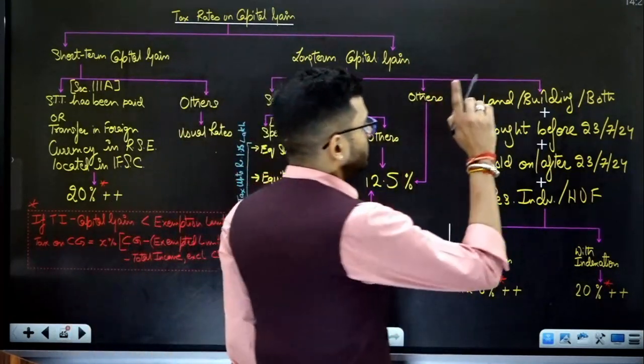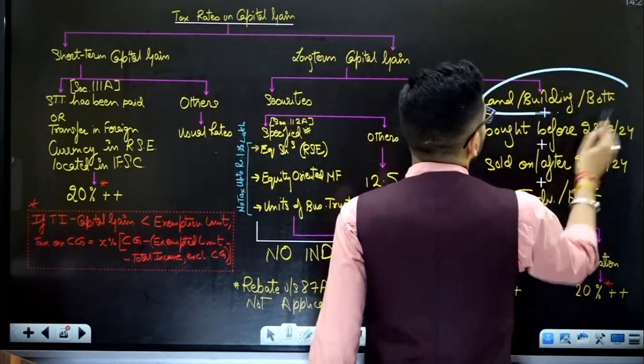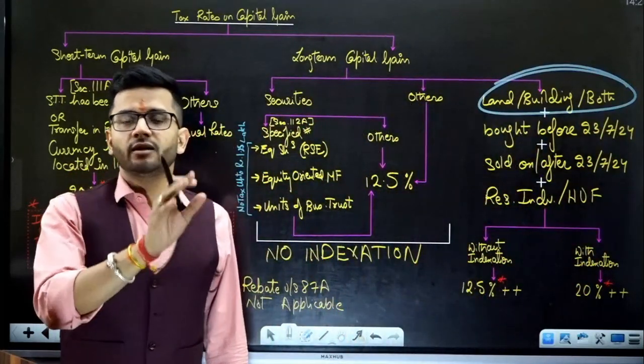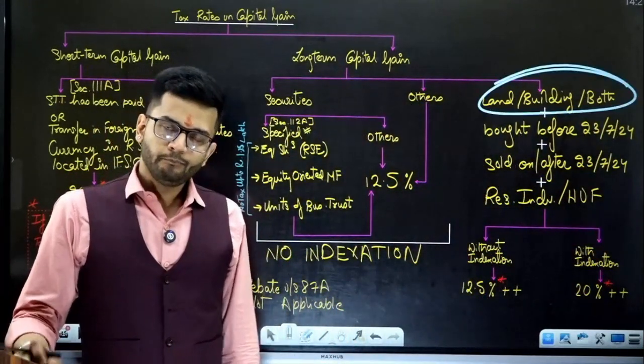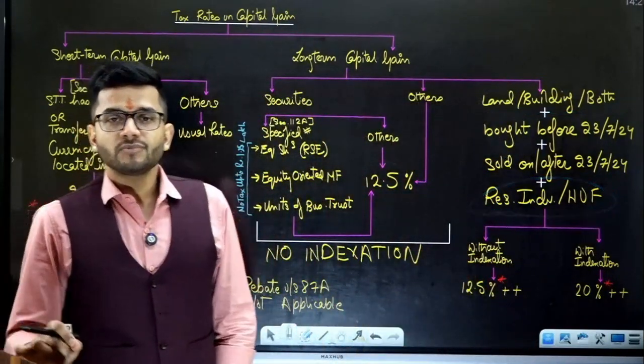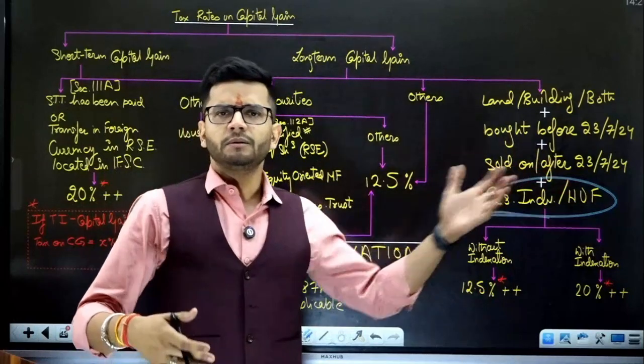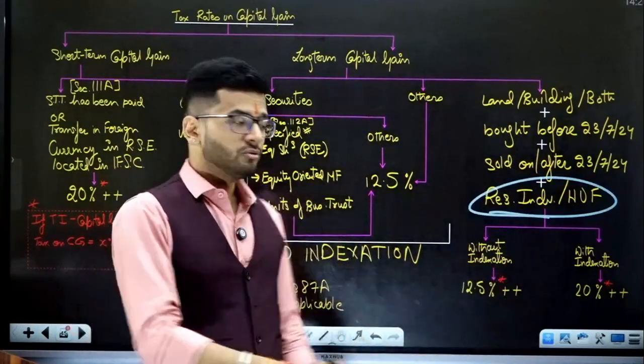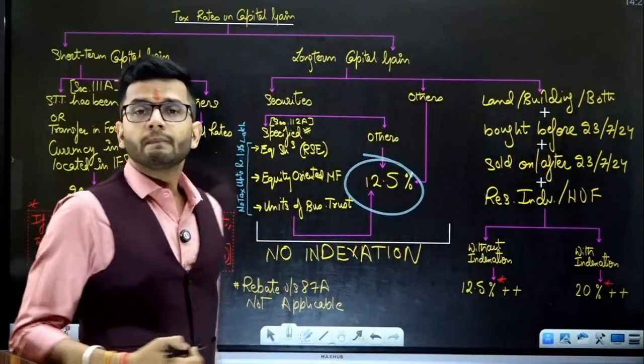What are those conditions? The long-term capital gain should accrue only on account of land or building or both, no other asset. Number two, it should accrue only to a resident individual or HUF. So if you're a partnership firm, company, AOP, BOI, indexation is not available to you. You go in this particular category.